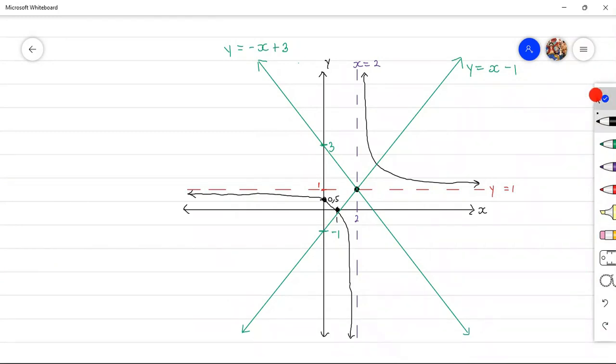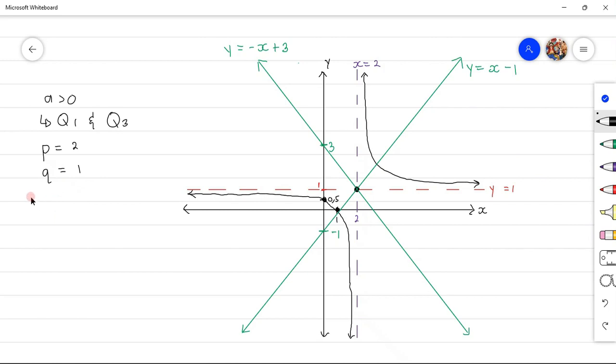Okay. So we have a greater than 0 hyperbolic function. We know that whenever a is greater than 0, our function is always going to be in quadrant 1 and quadrant 3. So because a is greater than 0, we have quadrant 1 and quadrant 3. We also have our asymptotes, which are p equals 2 and q equals 1.